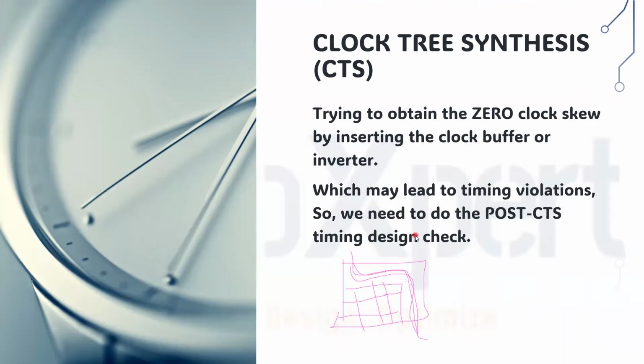Each and every flop in the design will get a clock for functioning or storing your data. So we need to construct this clock tree for each of the flops without any shorts, and we have to wire or route it properly.